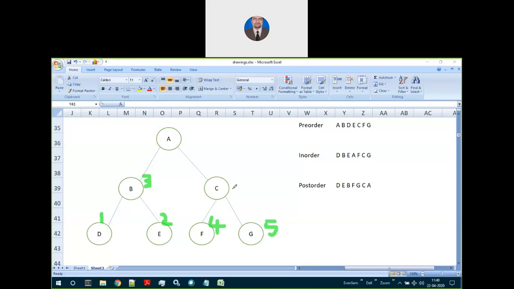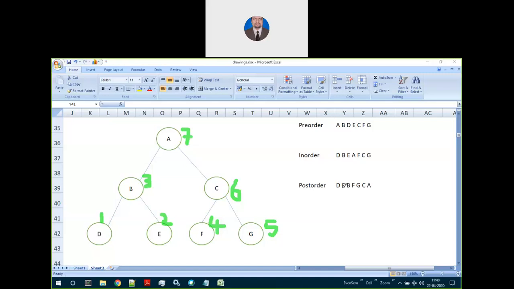Then I should visit the parent, that is C. So in the sixth stage I will be visiting C. And then once I have finished with the left side and the right side, who is left out? The main parent, who in this case is A. So this A will be visited last.